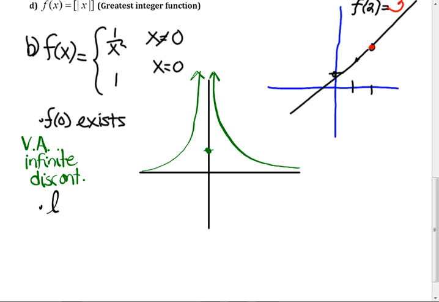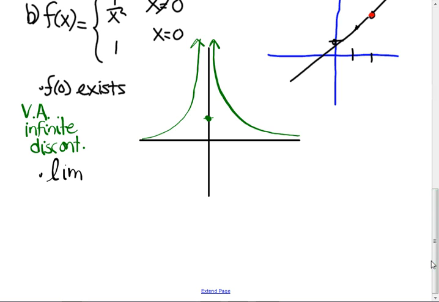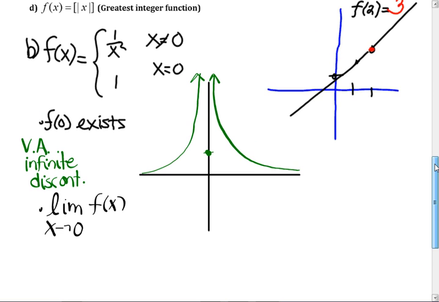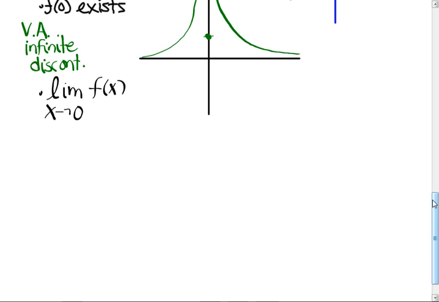The limit as x approaches 0 of f of x, and because f of x is clearly defined up here, I can just write f of x. I don't have to recopy it, especially with complicated functions. This does not exist. You're right, it goes to infinity, but it still doesn't exist. A limit is a number, just like slope is a number.